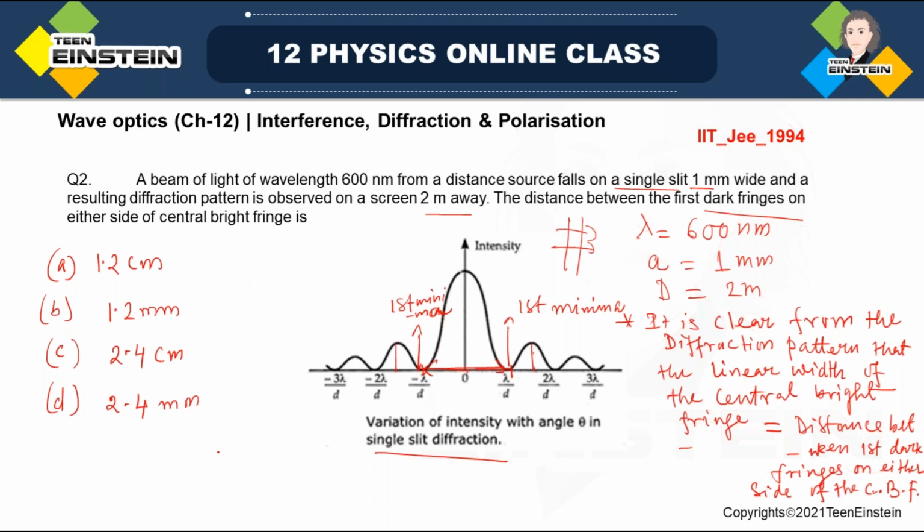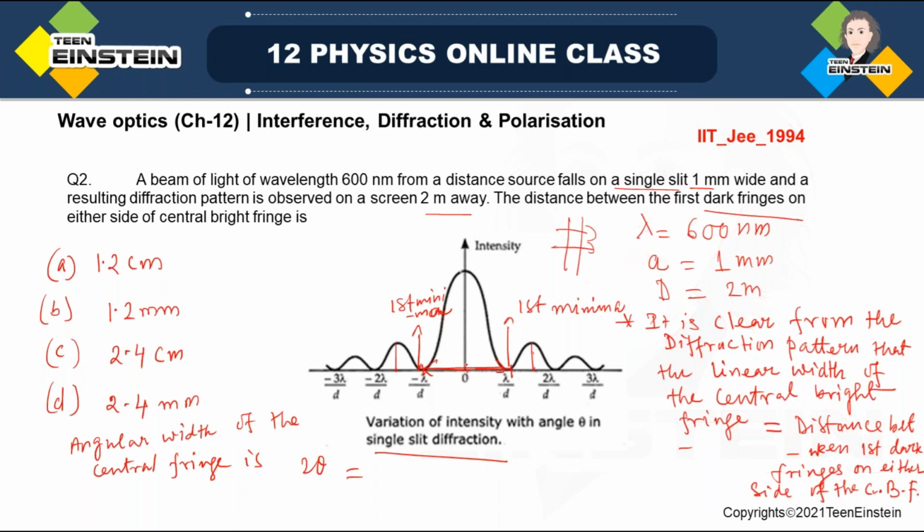Now look, what is the angular separation here? The angular width, so this is theta. The width of the central fringe is 2 theta.